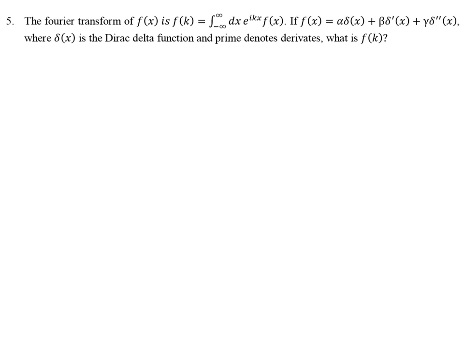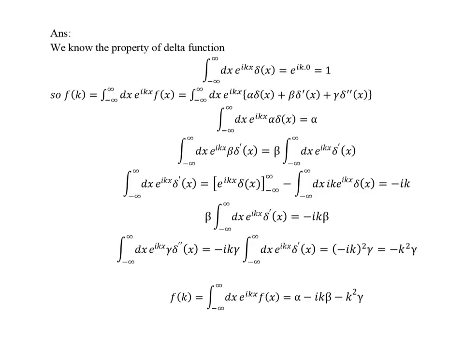So question is, what is f of k? To solve this problem, we should know the property of a delta function, that is integral minus infinity to plus infinity dx e raised to ikx delta x is always e raised to ik0, that is equal to 1.